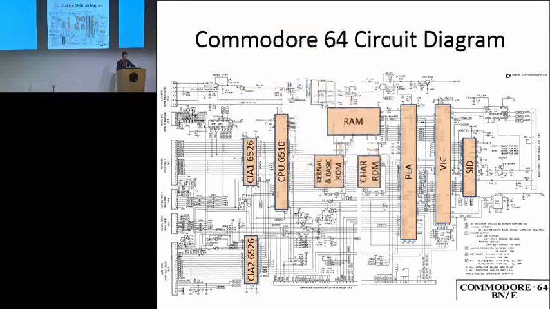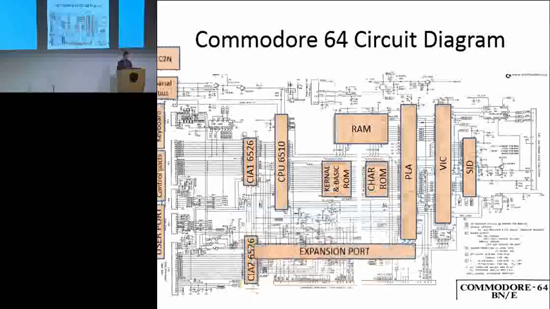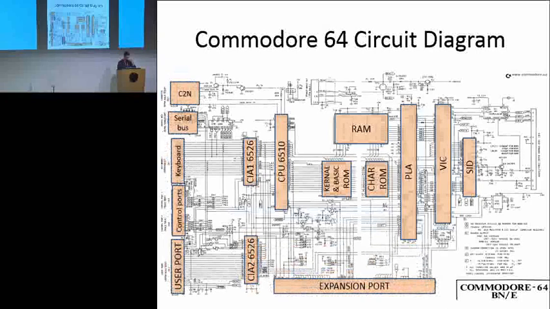The random access memory, the kernel and the basic ROM, and the character ROM. There is a ROM where all the characters are stored inside. And the others: the expansion port, user port, control ports, keyboard, the serial bus, and the connector for the cassette reader and writer.